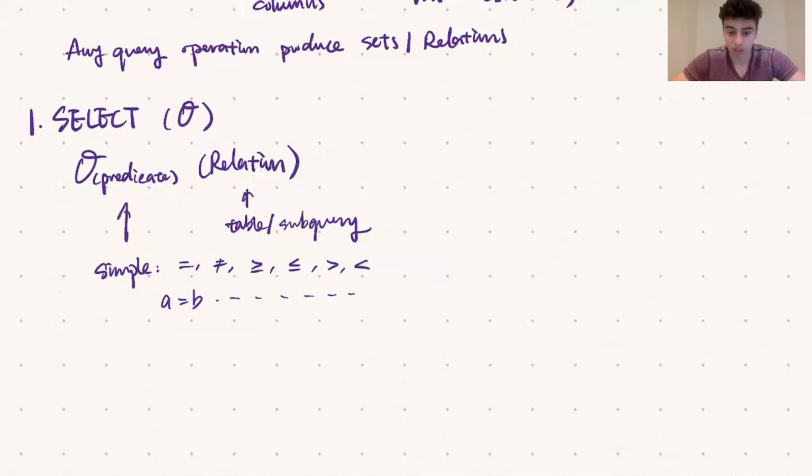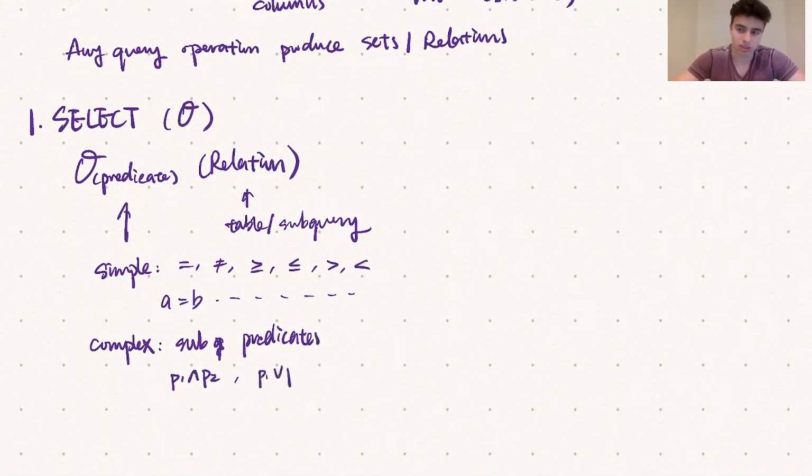On the other hand, you can have complex predicates, which will take two subpredicates or more and combine them using complex operators such as and, or, not, or whatever else. So those are the inputs to a select operator.